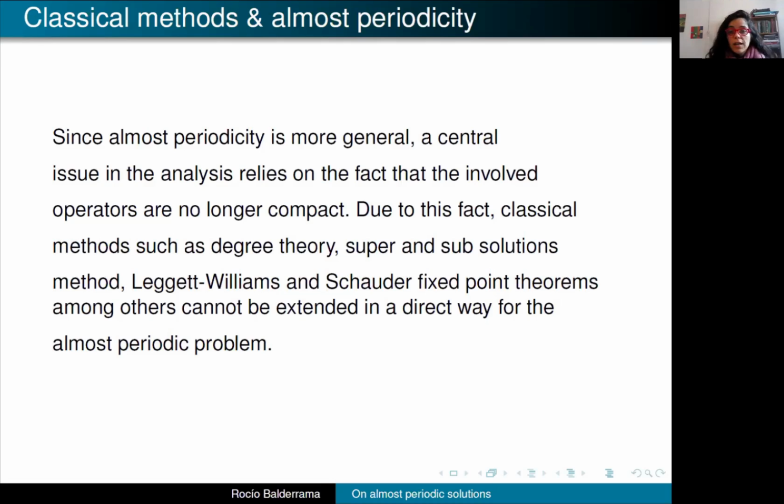Due to this fact, classical methods like, for example, degree theory, super and subsolutions, Leray-Schauder, and Schauder fixed point, among others, cannot be extended in a direct way for the almost periodic problem. So in view of that, other methods must be used when we are dealing with almost periodic problems.